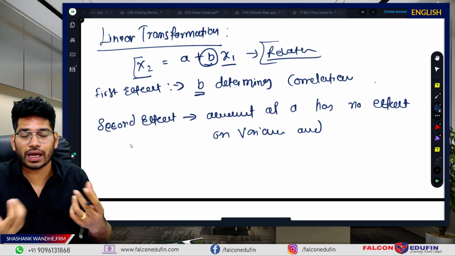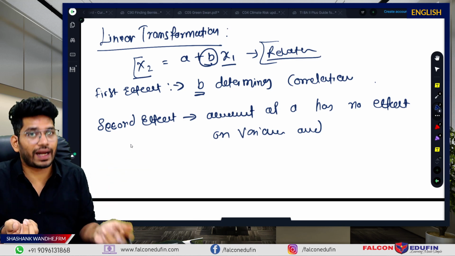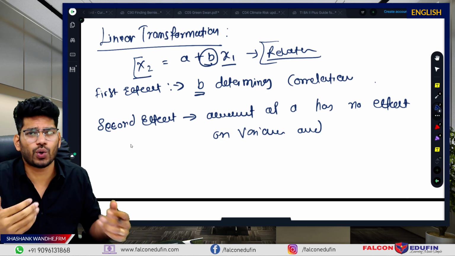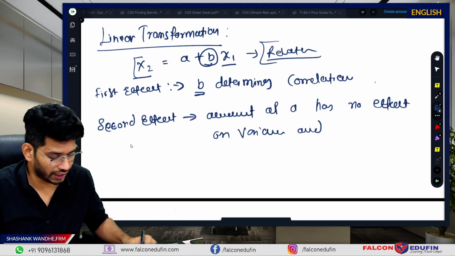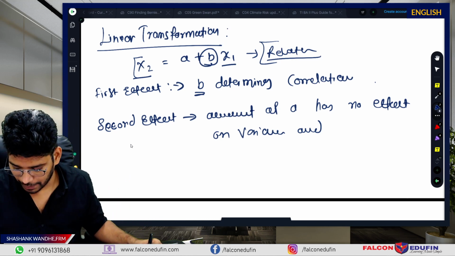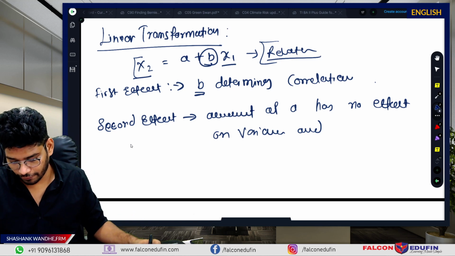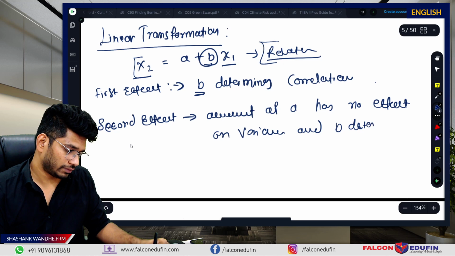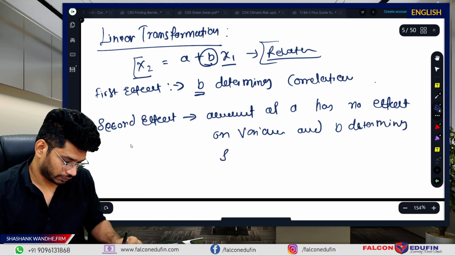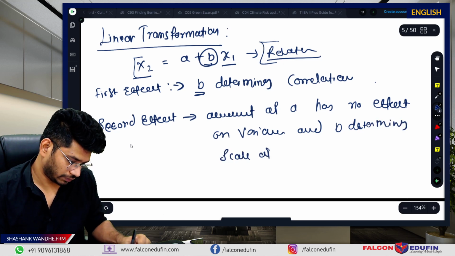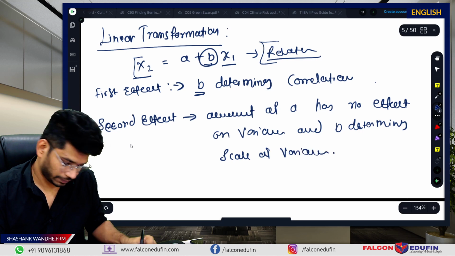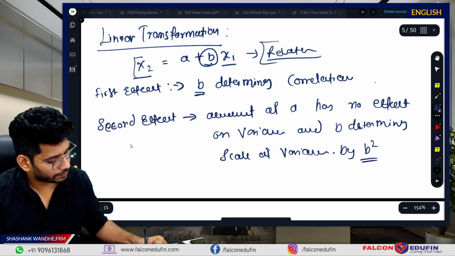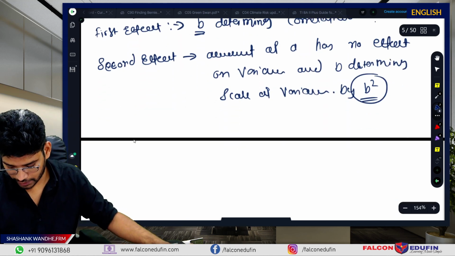So automatically, when you calculate the variance, it becomes b square times the variance of X, right? So a, the location parameter, has no impact on the variance, and b determines the scale of the variance, correct? But by b square. You have to remember this.